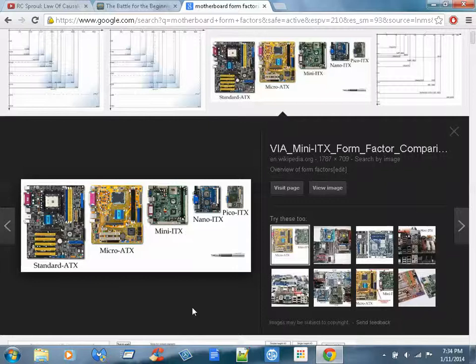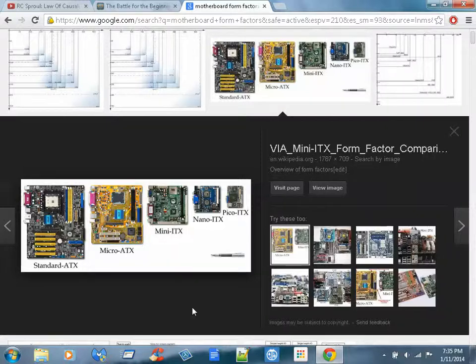And then they went over and talked about micro ATX. ATX's, I guess, little brother, you know? It's just a little bit smaller and has a little fewer expansion slots, but it fits in the same case. So if you want to swap out your motherboard with a micro ATX motherboard, it'll fit in the same case, even though it's a different size.